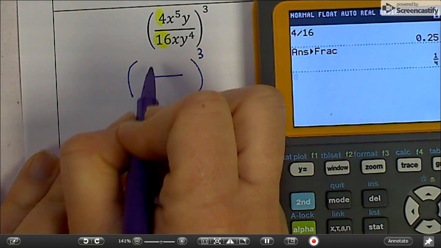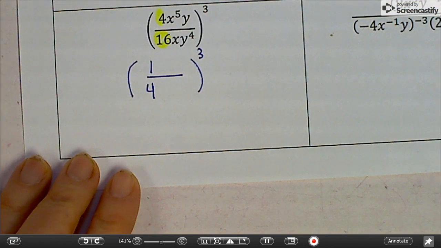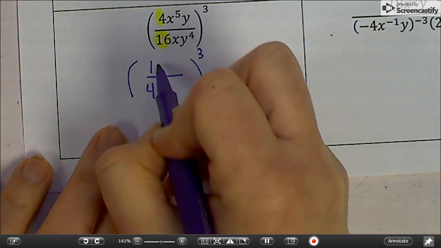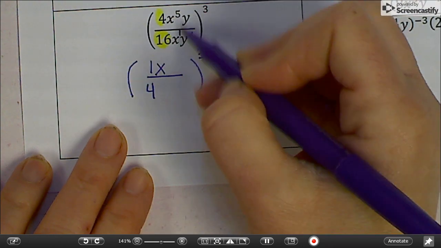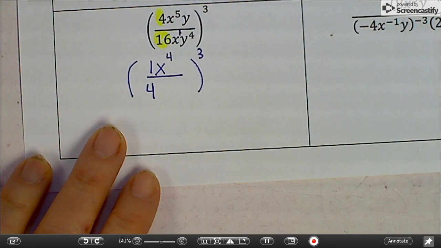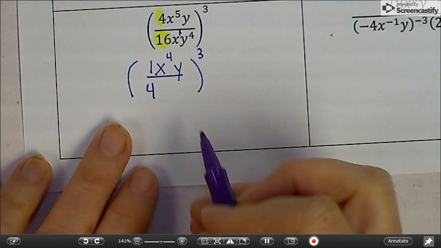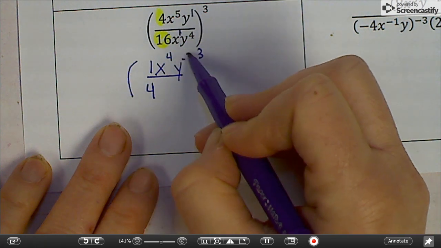So we need a 1 here and a 4 there. All right, we're going to put our x. We have 5 and then minus 1. Subtracting exponents, 5 minus 1 is 4. And we have a y. We have 1 minus 4 is negative 3.